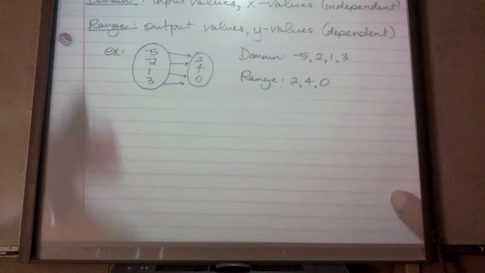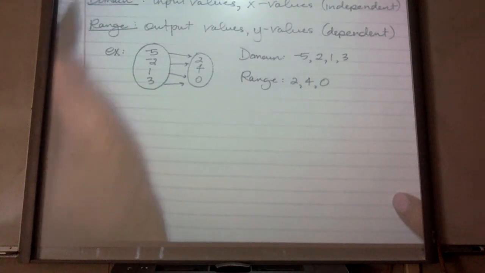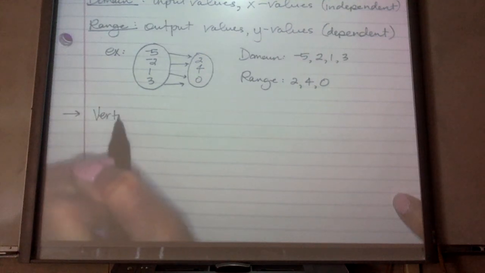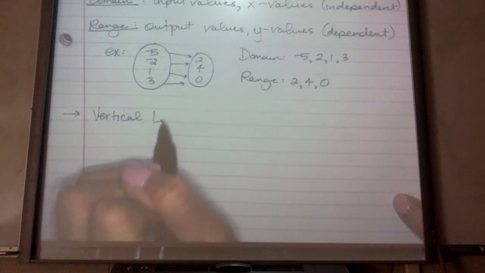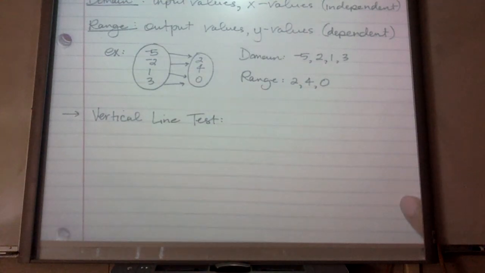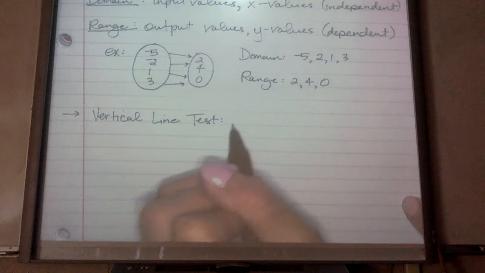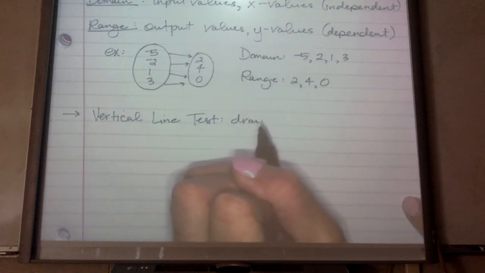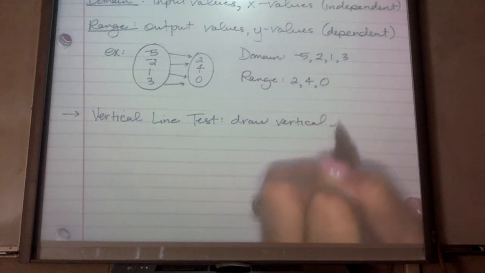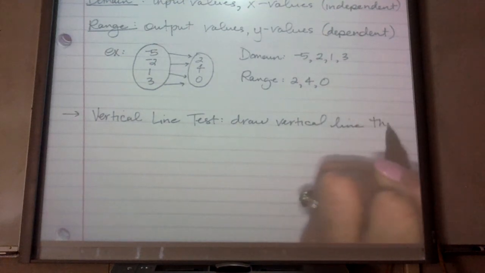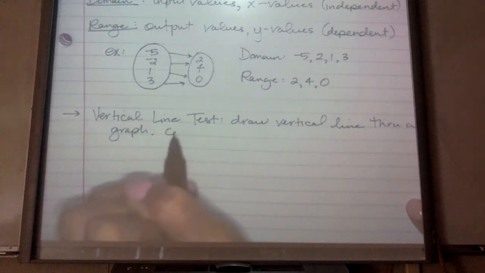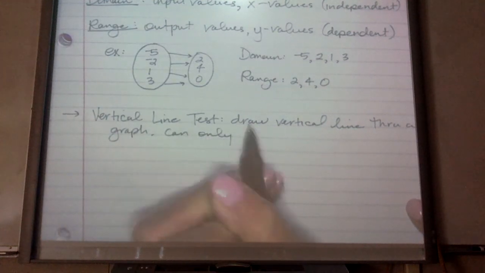Another way to test for a function, and it's review, you guys probably remember this, is the vertical line test. Really easy test. If I draw a vertical line through a graph, it can only intercept once.